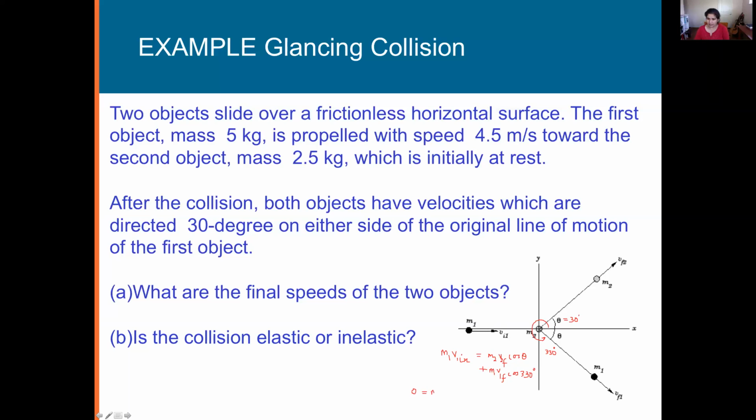So what do I get? Let's do the upper one first: m2 sine of 30 degrees times v2 final. Should have written that earlier, but I missed out writing it. All of this is the y component of v2f, plus the y component of this one, and I'm going to follow the same system, so I don't need to be careful of the sign.